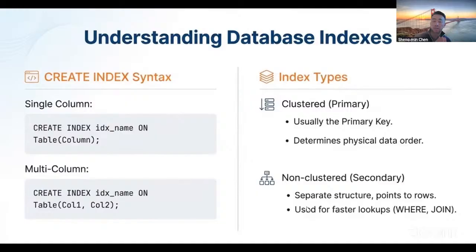This multi-column index only applies its benefit when these columns are being used together in your statement or your query. That's what the multi-column index is created for. Okay, all right, let's move on.